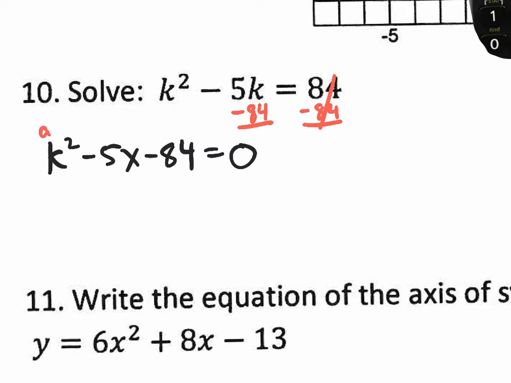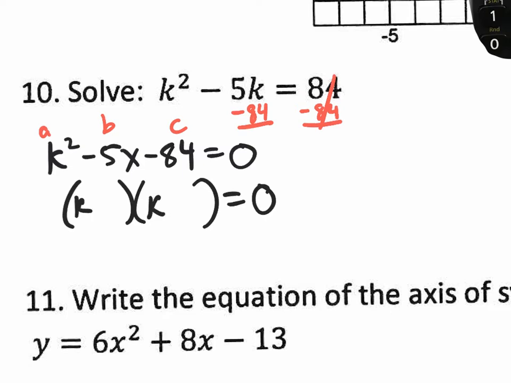And now I can identify the a value of 1, the b value of negative 5, and the c value of negative 84. It is totally up to you whether you want to factor and then split and solve it, or use the quadratic formula.